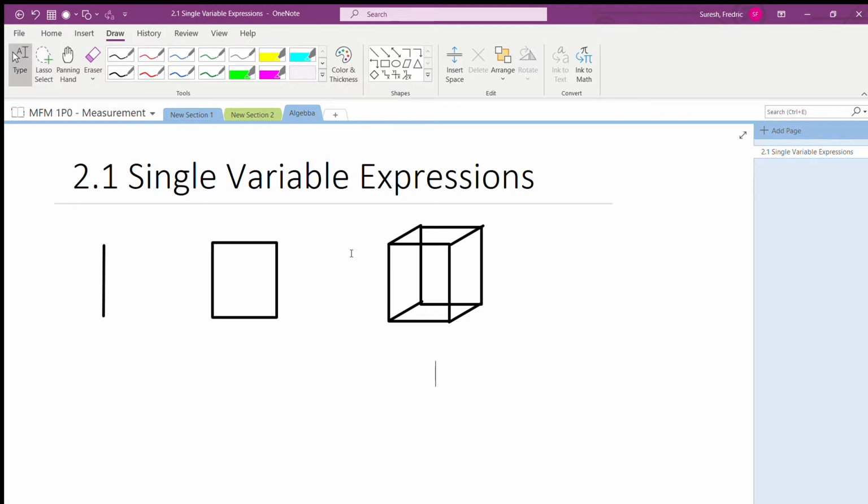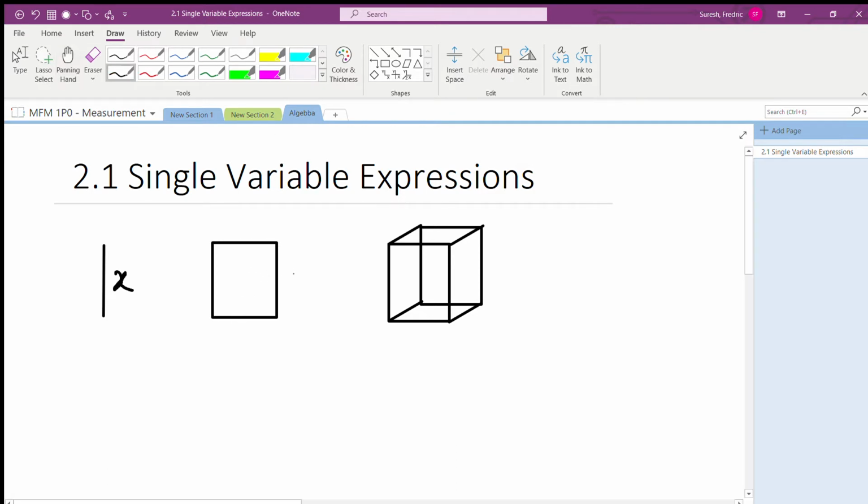You can think of variables as related to geometry like this. This one-dimensional line, you can think of this as x. This is a two-dimensional shape, which means it's got a length and a width.